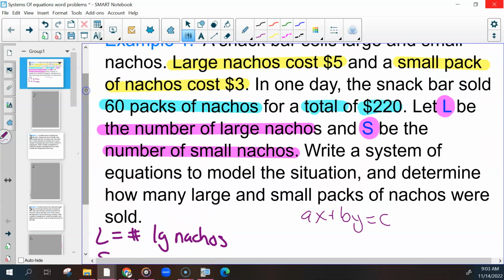So for this, because this one is going to include our costs, we have to look at which of these totals represents costs. So which one would we use? Does the 60 represent our total cost? No. So the 220 is going to be what it equals.